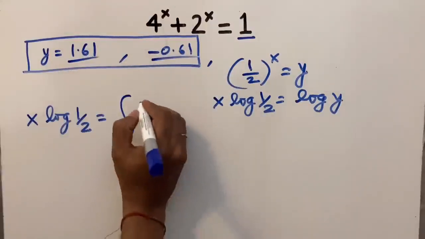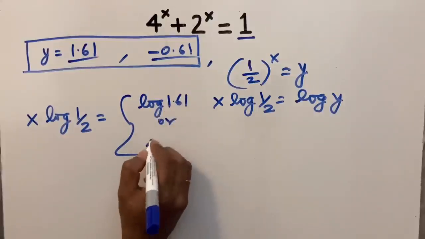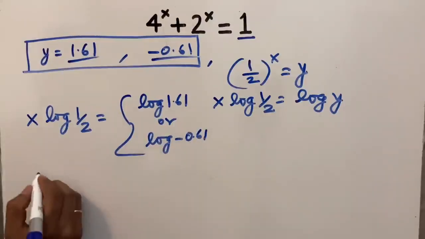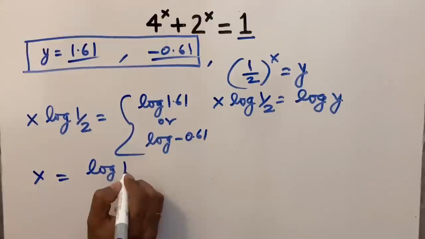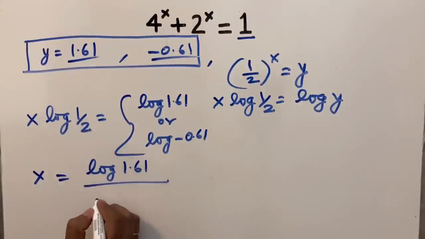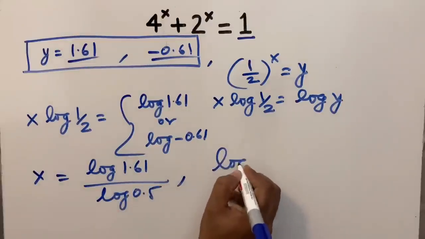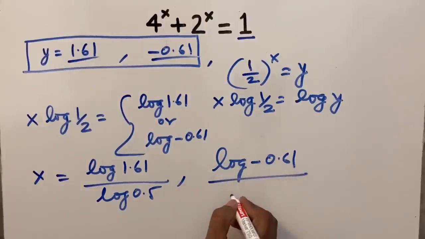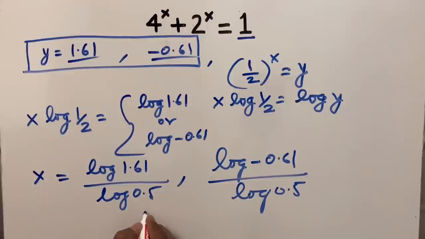So it becomes log 1.61 or log minus 0.61. So x comes log 1.61 divided by log 1 by 2, that is log 0.5, or log minus 0.61 divided by log 0.5.